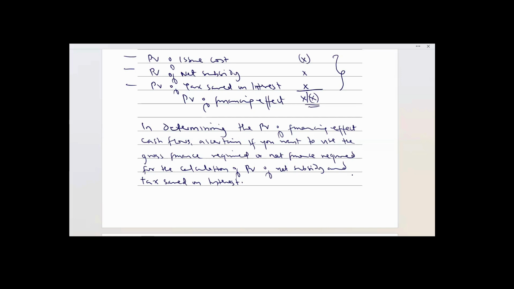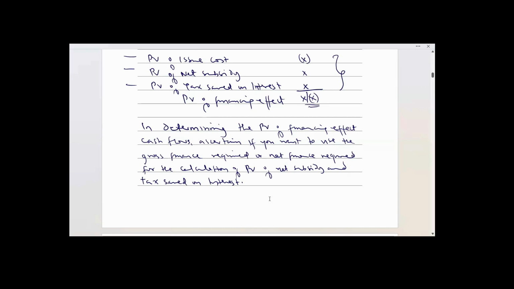So you need to establish that from the beginning. If you want to use net finance required, you need to go and calculate your net finance required. If you want to use gross finance required, you go in there and calculate your gross finance required.